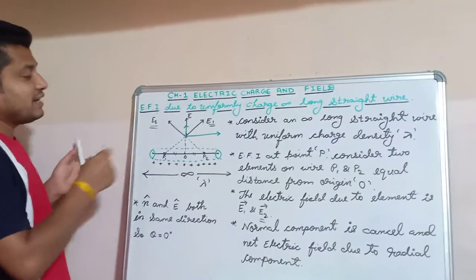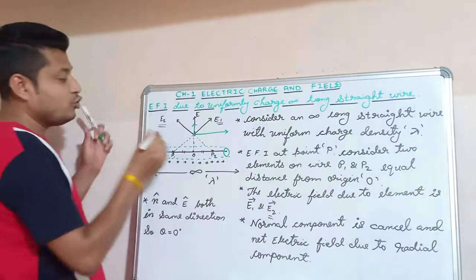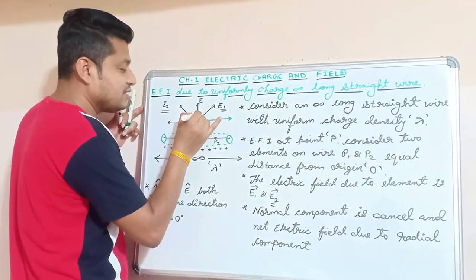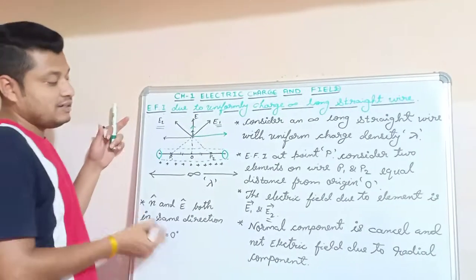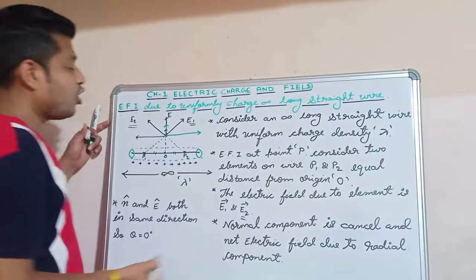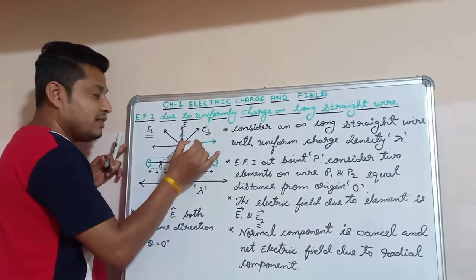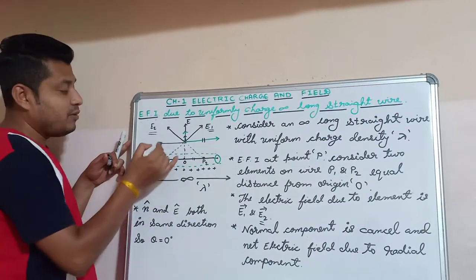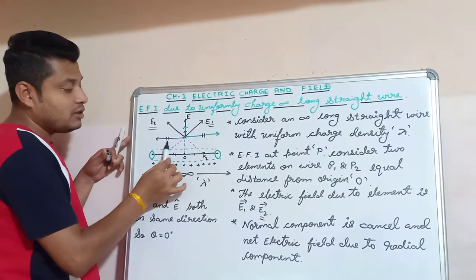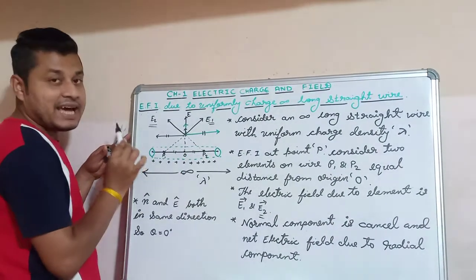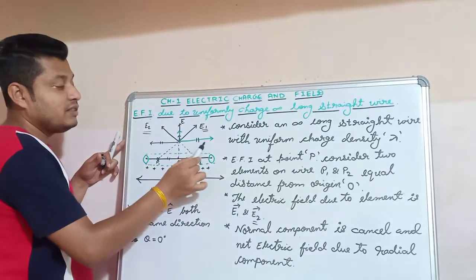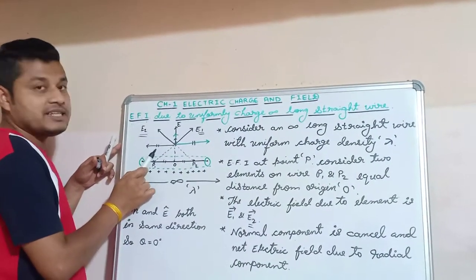Similarly, the electric field E2 also has two components. You can see that the normal component is cancelled. This component of electric field will be cancelled with this component of electric field, because both have opposite direction and the same magnitude.